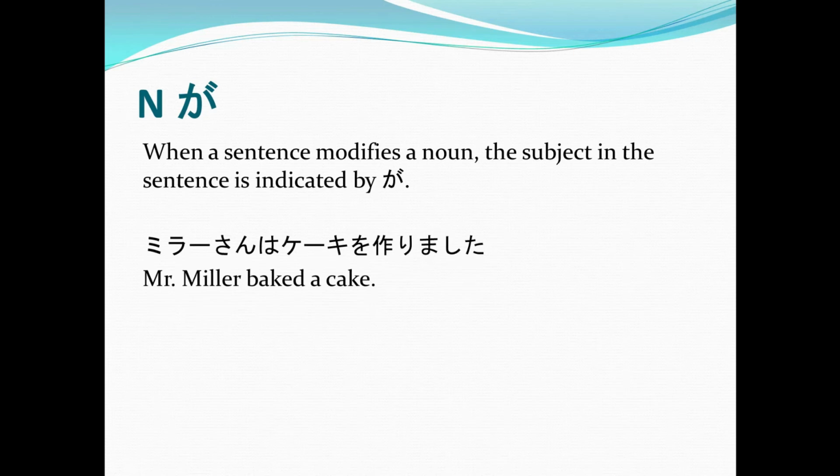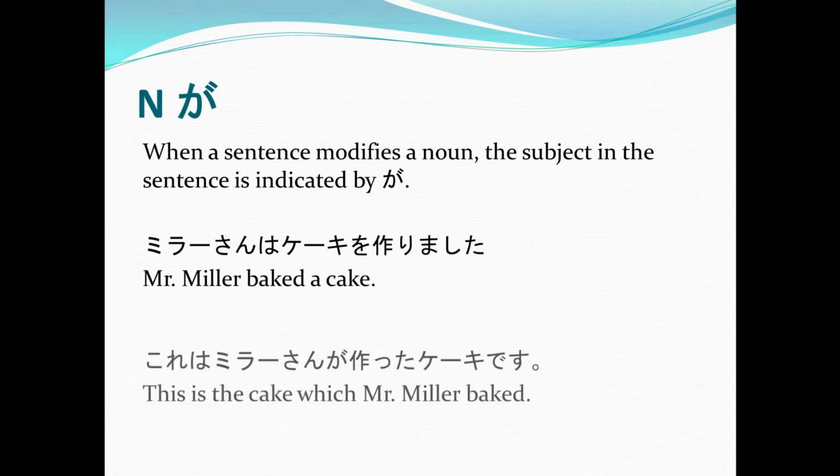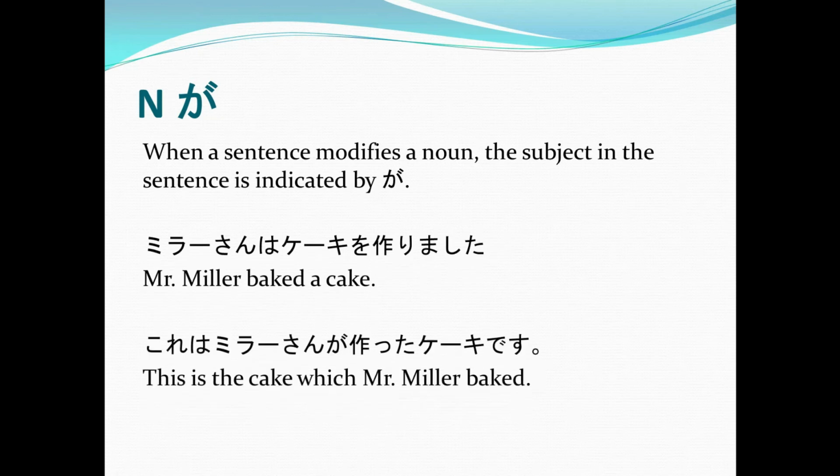Now, when you want to change it into modifier, it will become これはミラさんが作ったケーキです。Notice how we change the ミラさんは into ミラさんが。Changing the meaning into this is the cake which Mr. Miller baked. Again, これはミラさんが作ったケーキです。So, do you know which part of the sentence is the noun modifier? Correct. It's the ミラさんが作ったケーキ。わかりました?